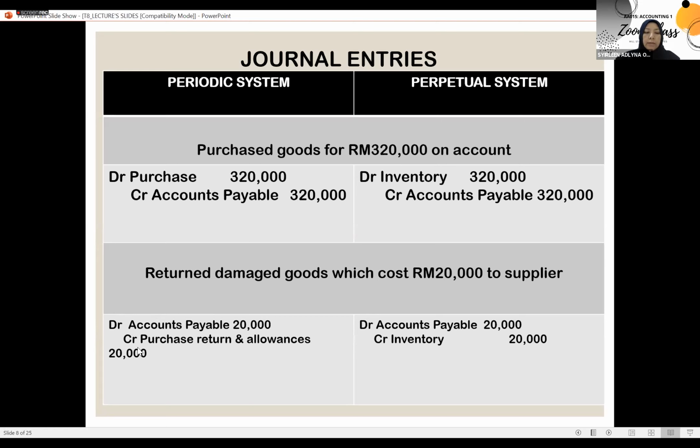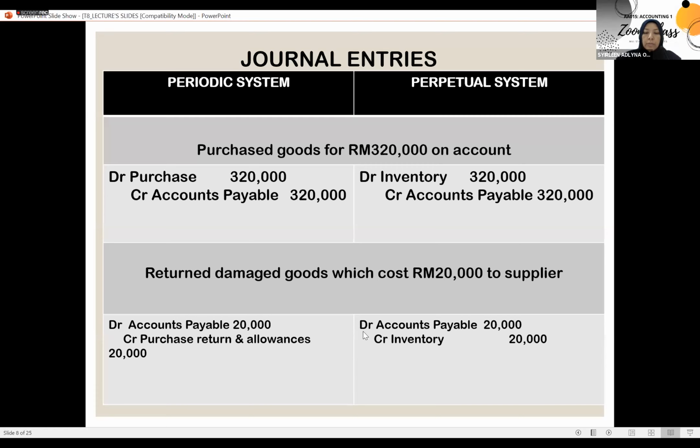Tapi kita akan credit purchase returns and allowances. Okay, so this is the one that you did in topic 3. Okay, tapi kalau kita guna perpetual system, there is no longer purchase return and allowances in the record because item tu akan tolak terus daripada your inventory accounts.